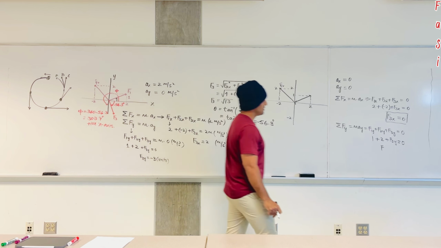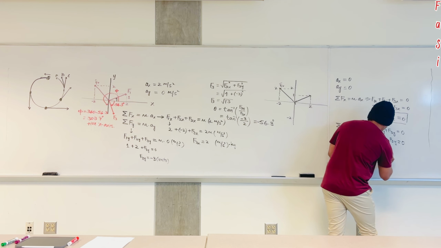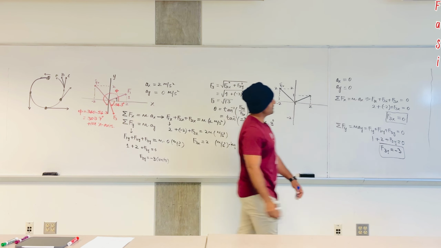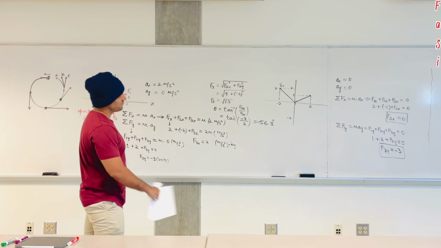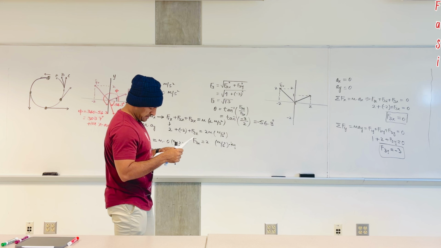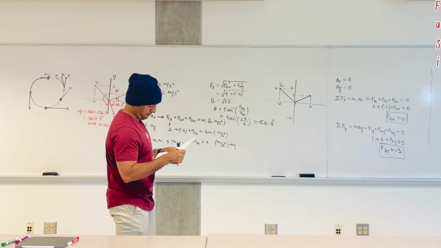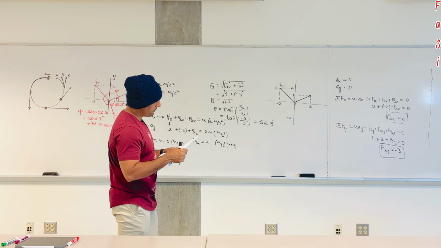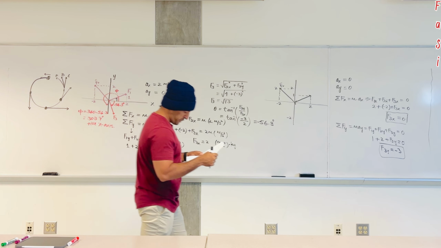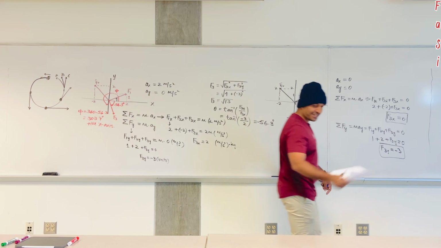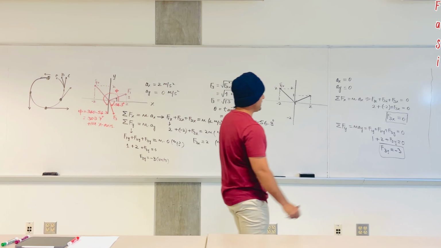Just 2 plus 2. Okay, so f3y is minus 3. Just to make sure, f1y is plus 1 and f2y is plus 2. Okay, it is what it is. So f3y is minus 3.